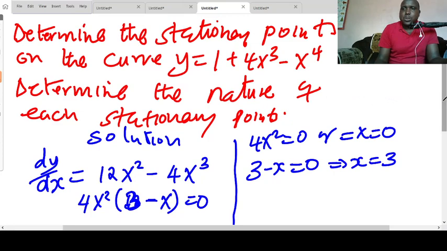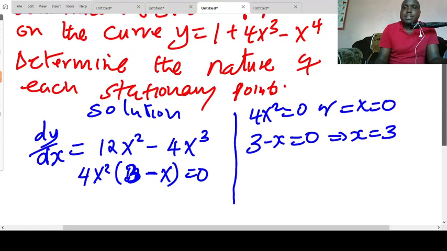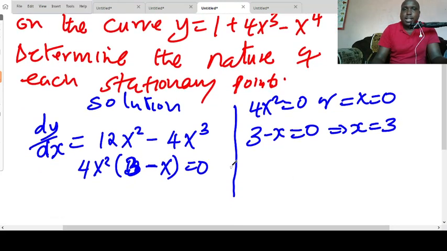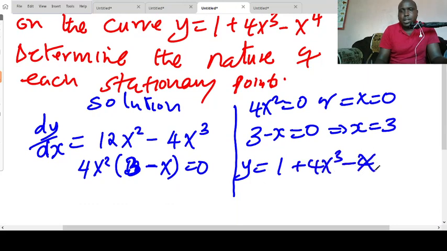Once we have the values of x, the next thing we need is the values of y, because we need points. A point should have x and y. So you bring the equation down here and say y is equal to 1 plus 4x cubed minus x raised to power 4. When x is equal to 0, you substitute, this one will be 0 minus 0.